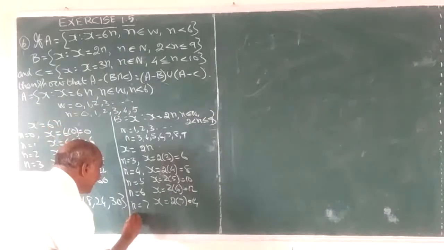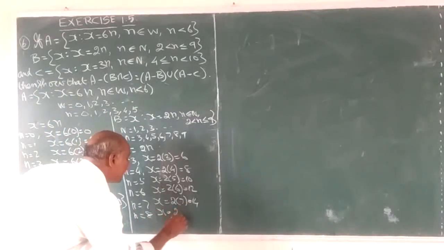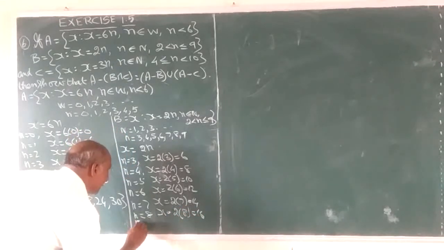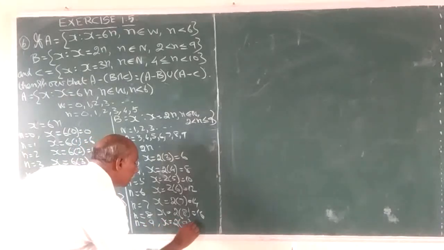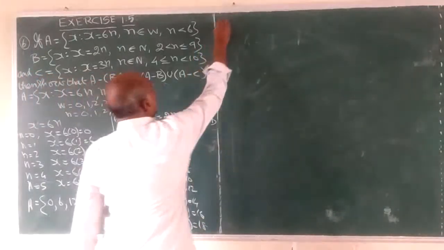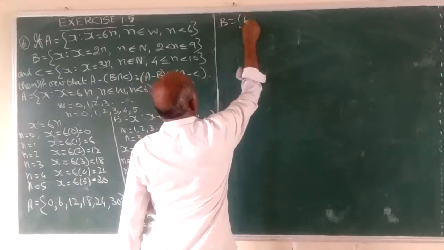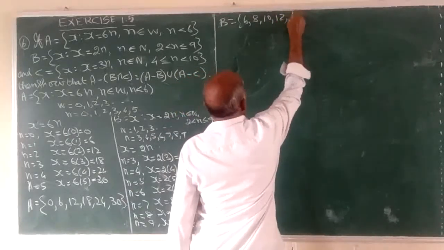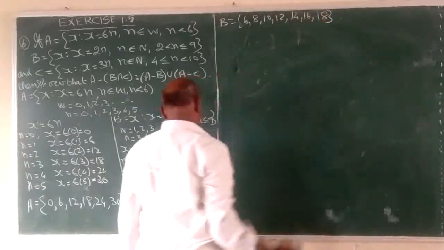Then n equal to 8, x equals 2 into 8 equals 16. Then n equal to 9, x equals 2 into 9 equals 18. These are the values of the set B. So B is 6, 8, 10, 12, 14, 16 and 18. This is the set B.